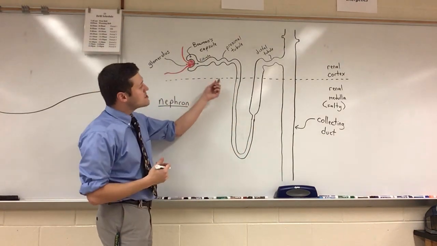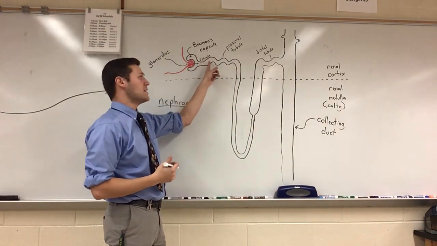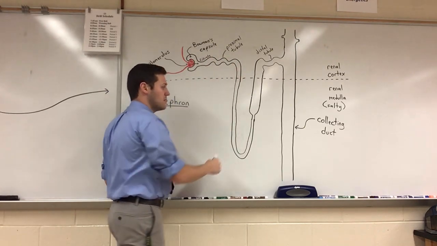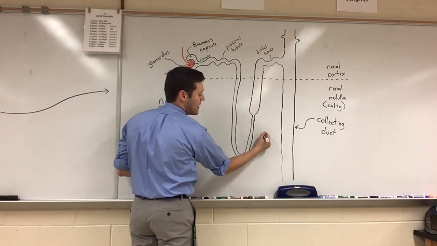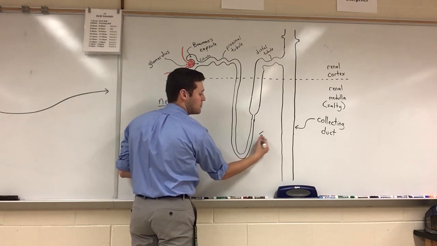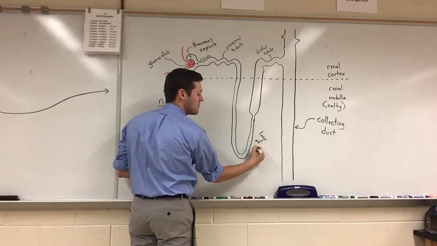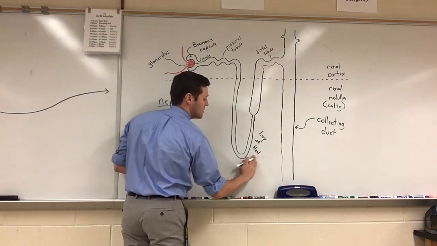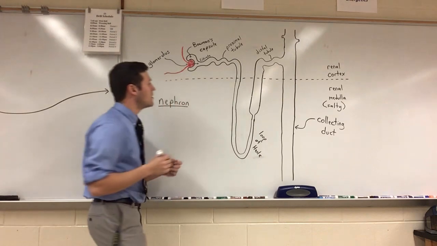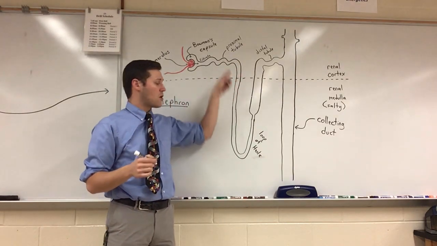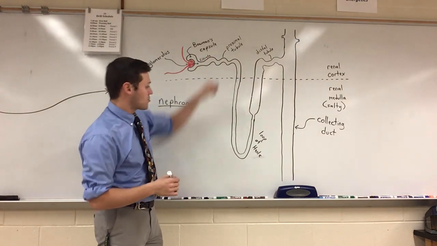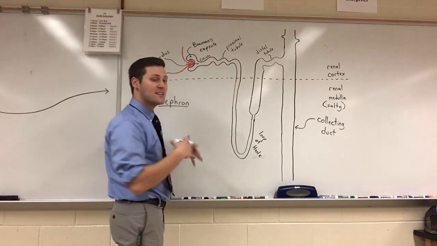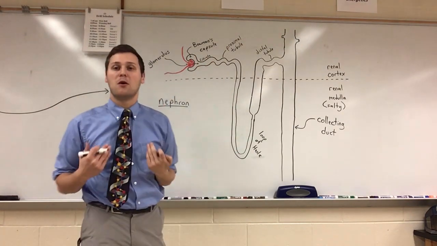So once the filtrate passes down the descending tube, and this right here is called the loop of Henle, I'll put that in there, loop of Henle. As the filtrate passes down through the loop of Henle in the first tubule, what happens is water is pulled out by osmosis.